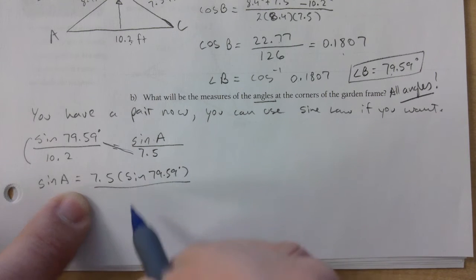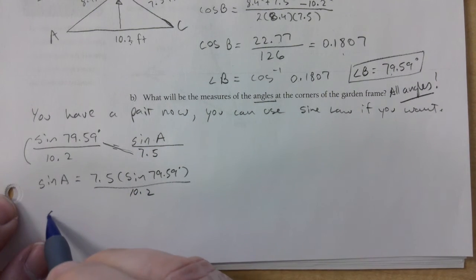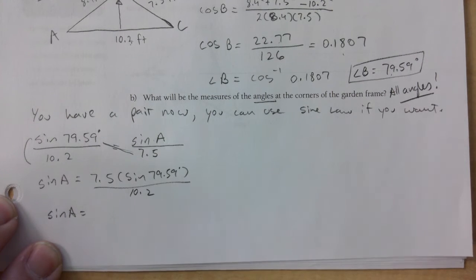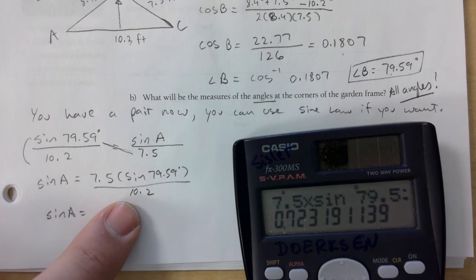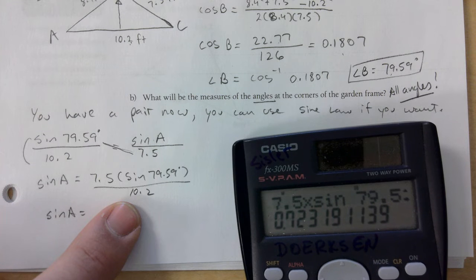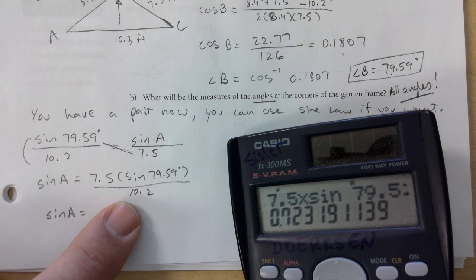And some of you will have used the cosine law for this. If you already ventured and decided you were going to do this on your own, that's very fine with me. Don't let me stop you. And here's what you get when you type all of this in: 0.7232, because the 1 gets bumped up.